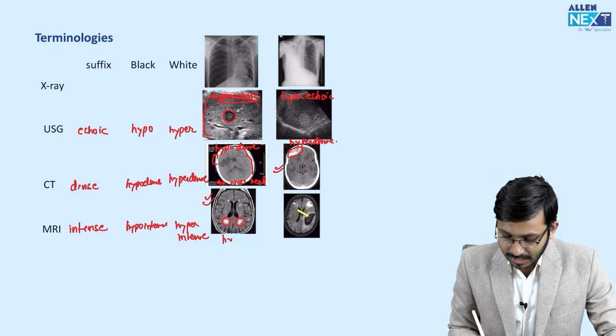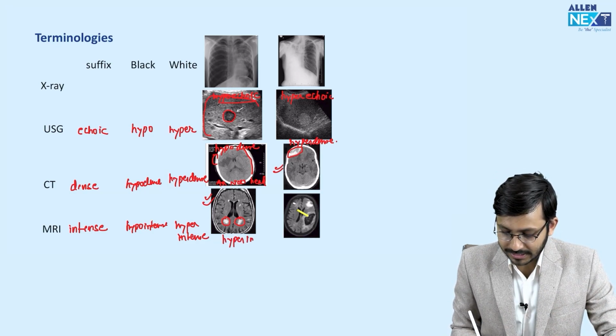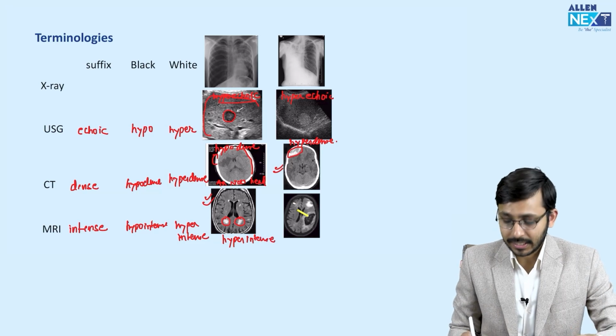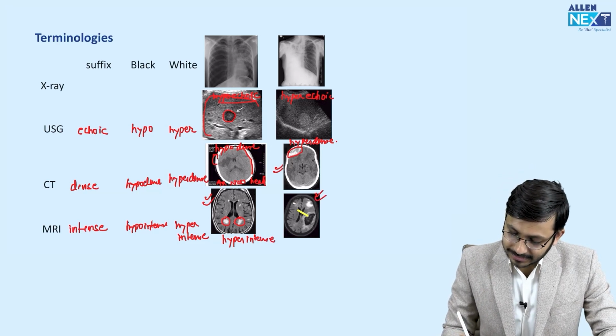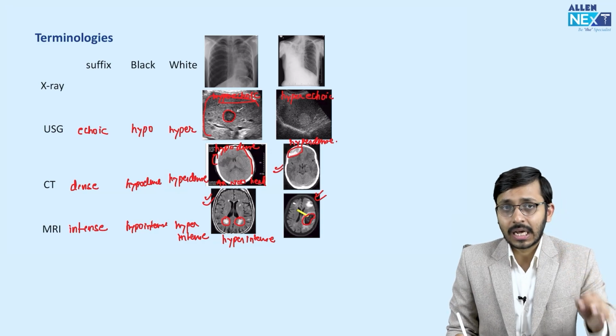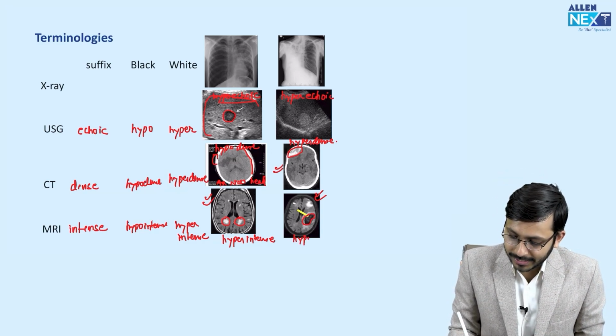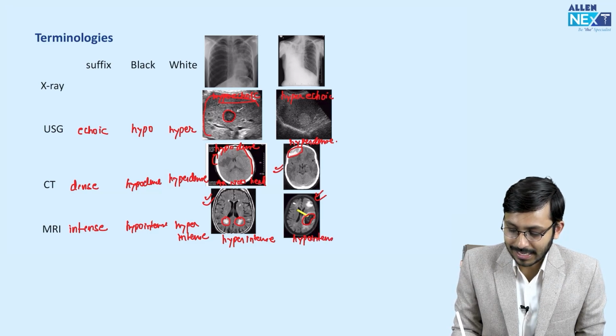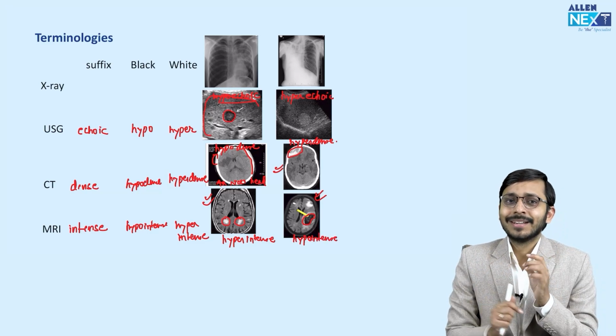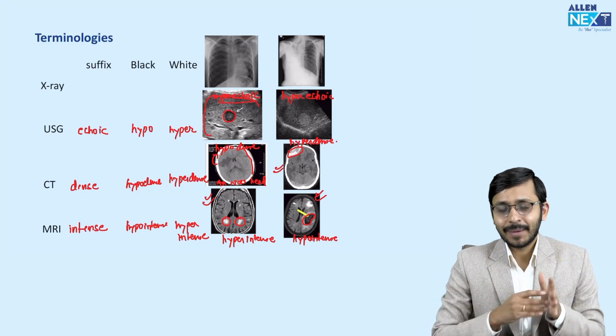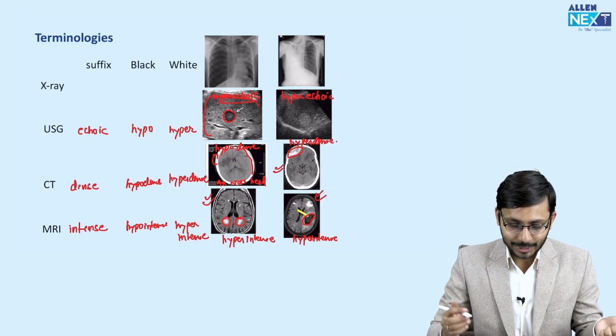So this is a hyperintense lesion. And in the second image, we see a lesion which is darker than the surrounding parenchyma. So this is a hypointense lesion. I've deliberately switched hypo and hyper so that you don't mug it up, you understand what I'm telling you.